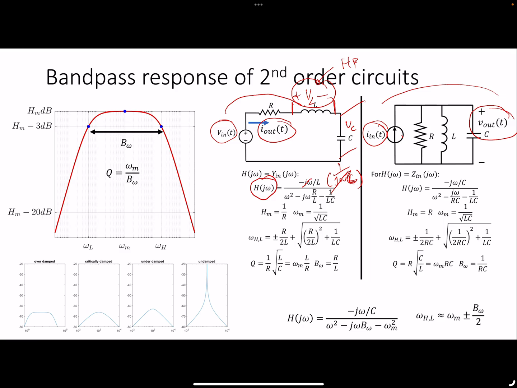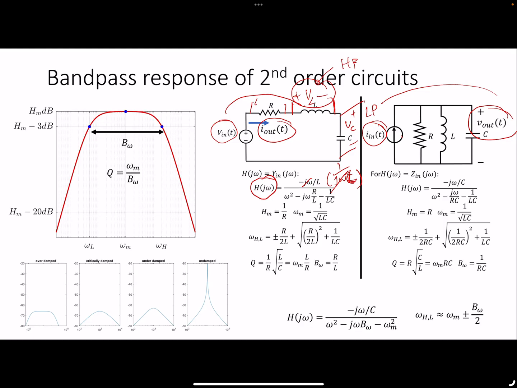In that case, VC for this circuit is actually a low-pass filter. And the voltage across the resistor, for completeness, just multiplies by a number, R, so that's still a bandpass filter.